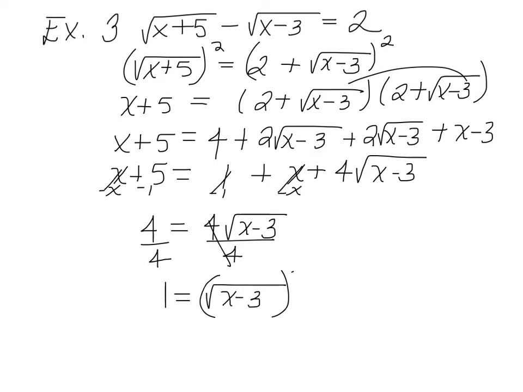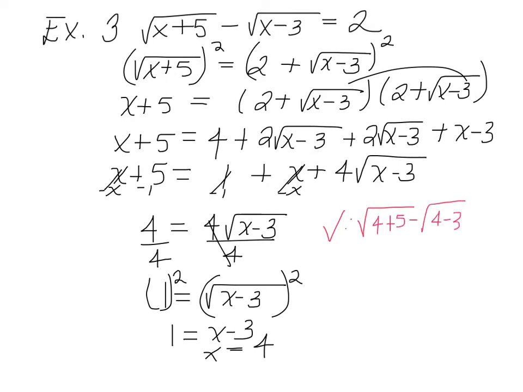Square both sides. 1 equals x minus 3, so x equals 4. Don't forget to check. So I got square root of 9 minus the square root of 1. Square root of 9 is 3 minus 1. 2 equals 2, so we're good.